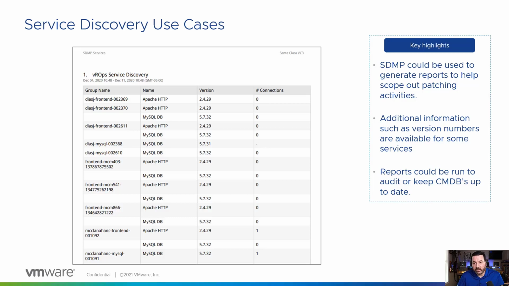But we can use this to help plan out patching activities, and create a report for all of our services. In this case, we're looking at Apache and MySQL. I've got the version numbers of each, so now I can start to scope out which virtual machines I need to patch.